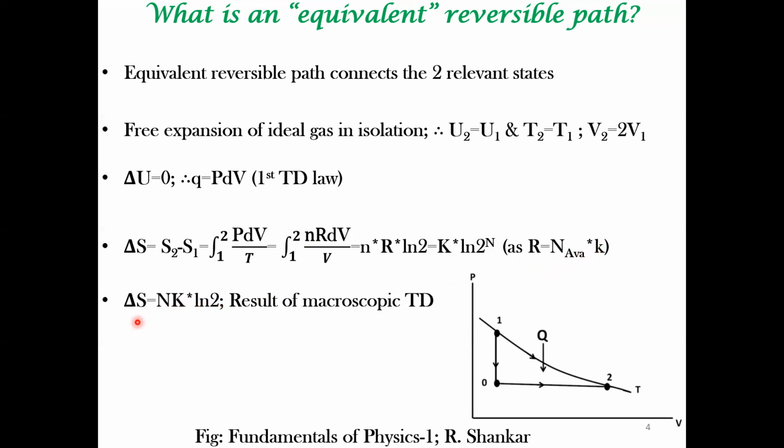I get the change in entropy to be N, which is the number of gas atoms present in the entire chamber, times the Boltzmann constant, times ln 2. This 2 comes from the volume ratio. So this is a result from macroscopic thermodynamics. You should know how to derive this result from what you've learned till this point in the class.